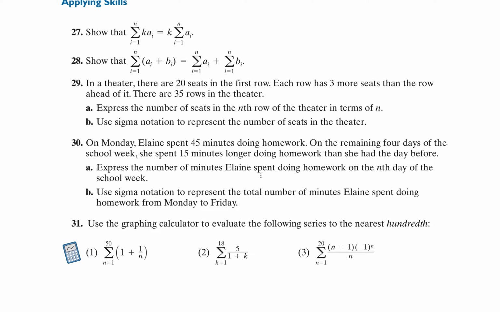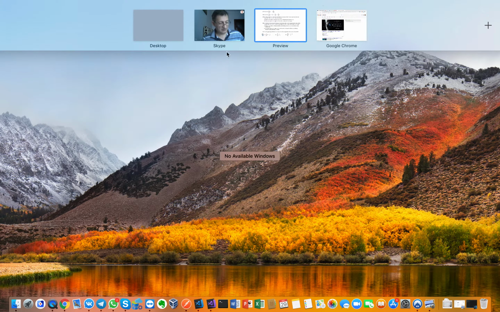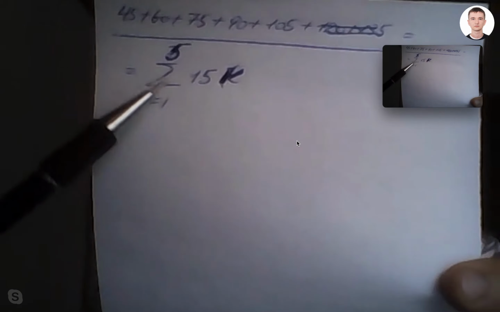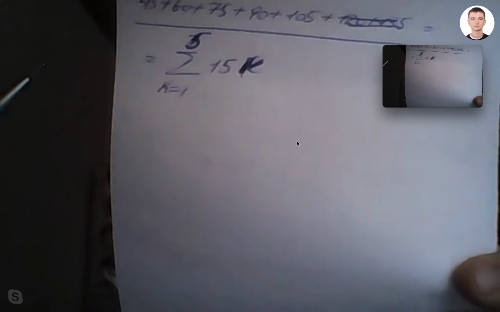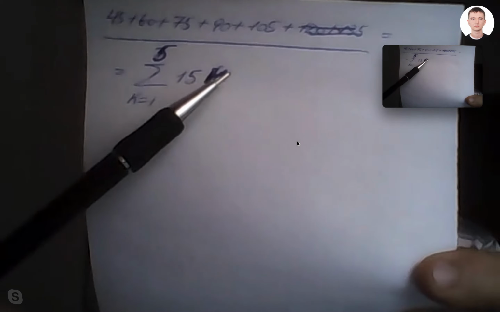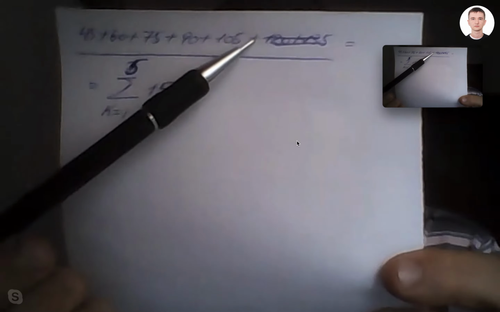Now let's check the sigma notation. k starts from 1 to 5, and the general term is 15k. So let's expand and check whether we have the same sum as above.